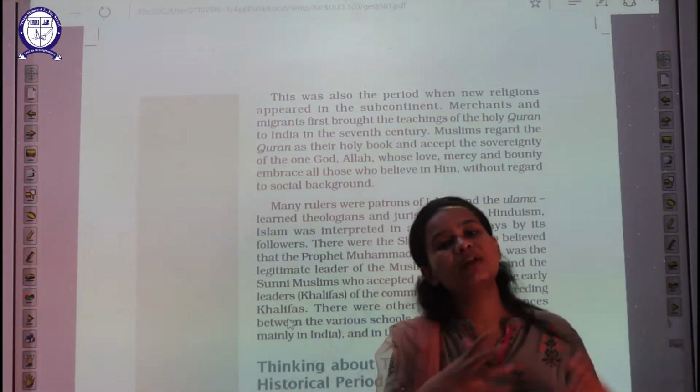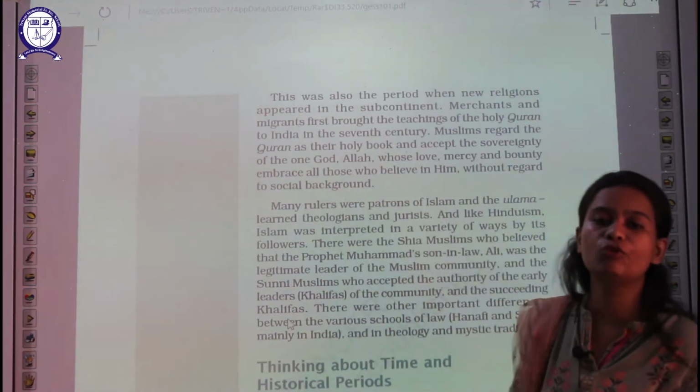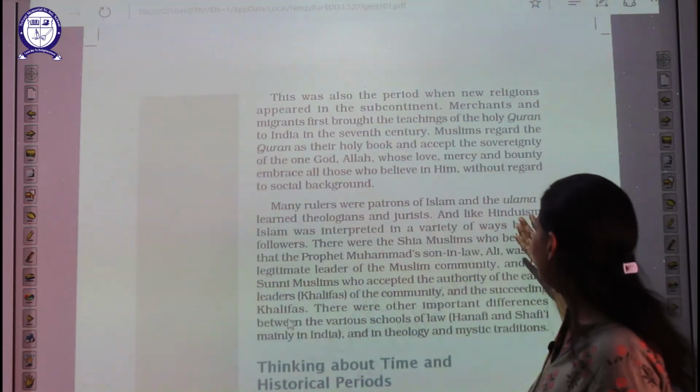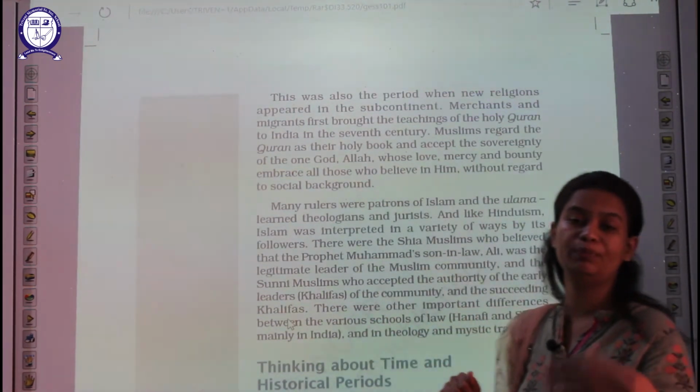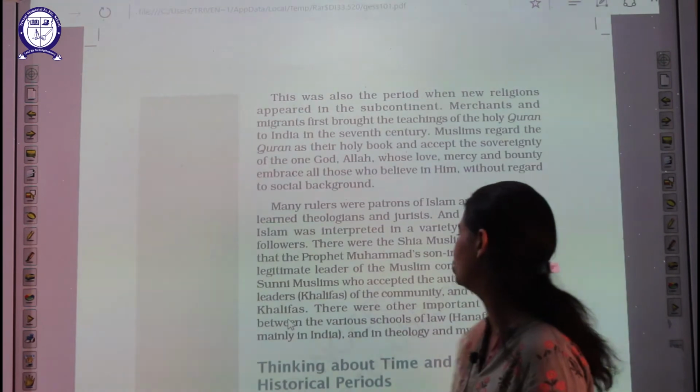So people started following the words spoken by these ulama, their teachings, without questioning them.